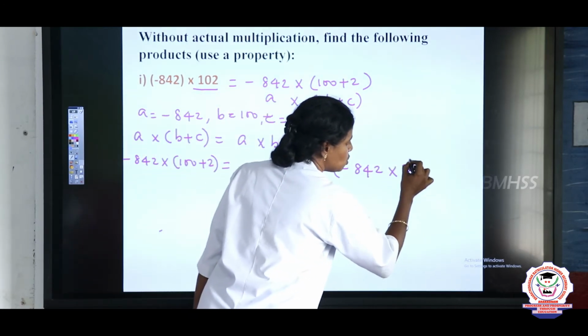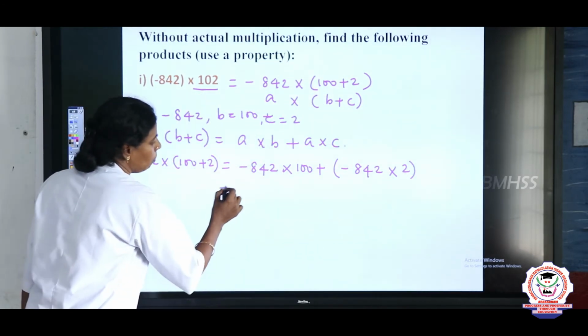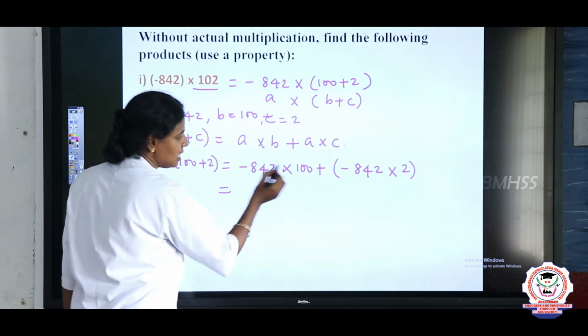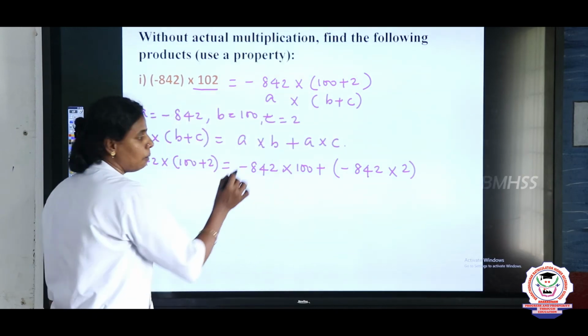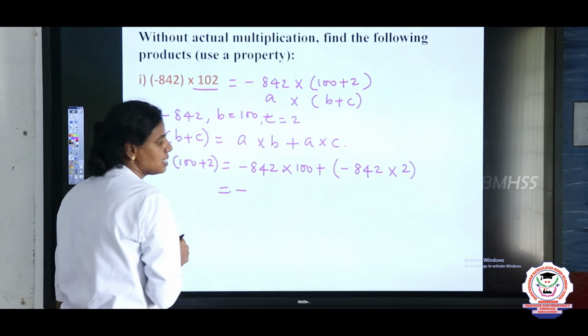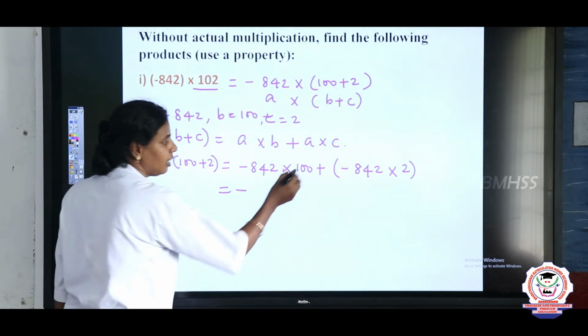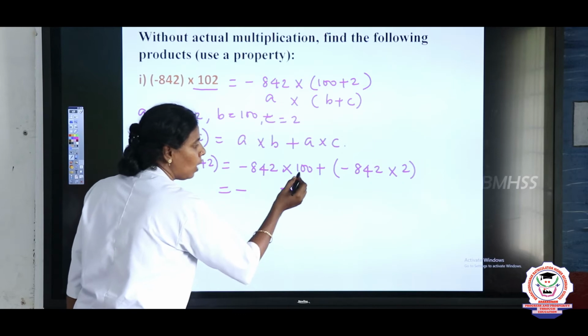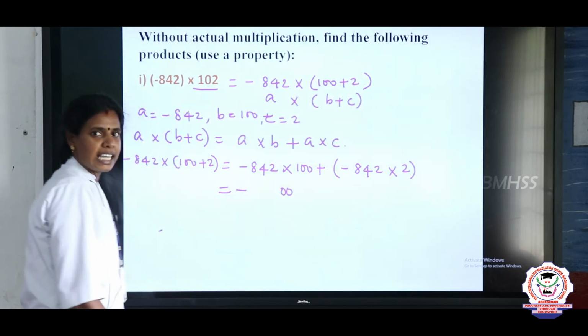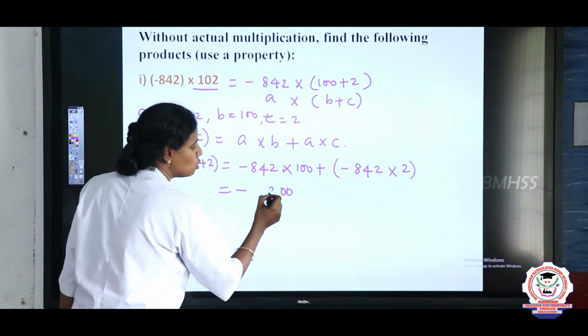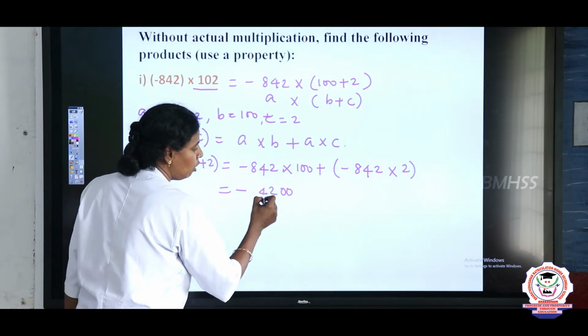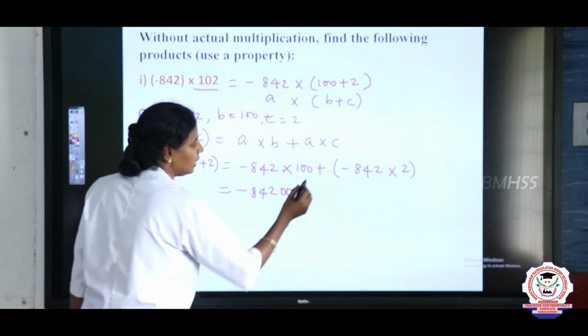C value is 2. Now multiply these two numbers, minus into plus. Minus into plus is minus. And we are going to multiply 842 into 100. First these two zeros, 1 into the number will give the same number, that is 1 2 is 2, 1 4 is 4 and 1 8 is 8.